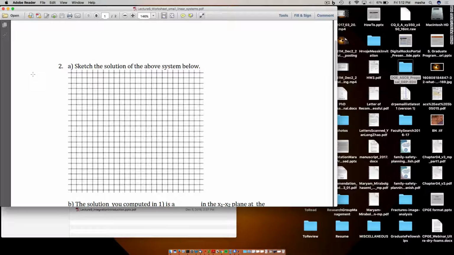And 5 x3 is -15, so x3 is -15 divided by 5, which is equal to -5. So this is a so-called diagonal matrix.